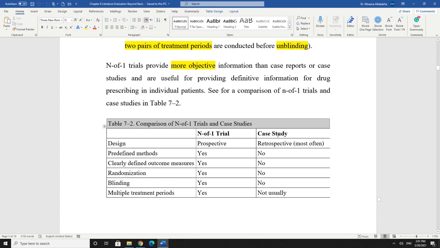Whereas usually the case study is retrospective. For example, you are talking about the development of skin problems when a patient took a certain drug. So you do not plan this experiment. You do not plan it, you describe it because this is what you saw with the patient. And it's a case study because it's not normally presented.